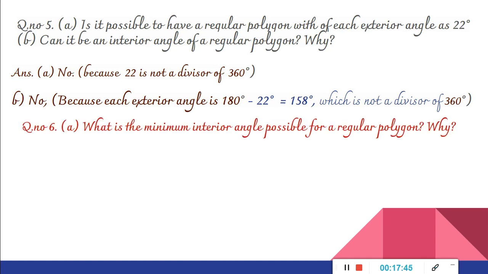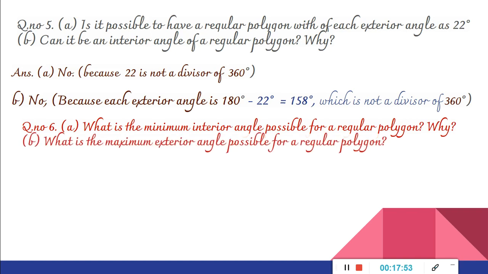Okay. Now the sixth question. What is the minimum interior angle possible for a regular polygon and why? And one more question: what is the maximum exterior angle possible for a regular polygon? For the minimum interior angle, the minimum number of sides of a polygon is 3, isn't it? So what should the polygon be?